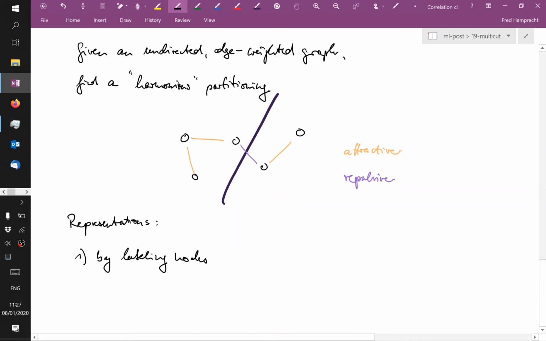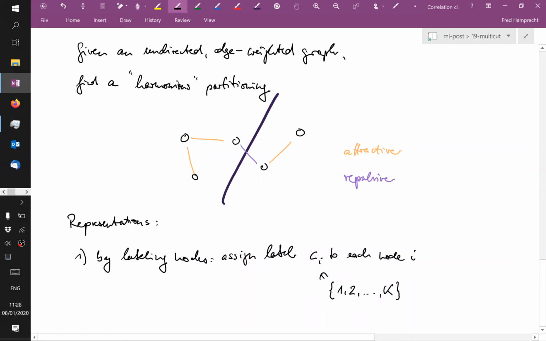So by labeling nodes, we assign a label c_i to each node i in our graph. And now when we talk about labels, we need to make a decision of what labels we want to use. A typical choice would be to say, okay, we just use natural numbers, 1, 2, and so on, up to some capital K for these labels.